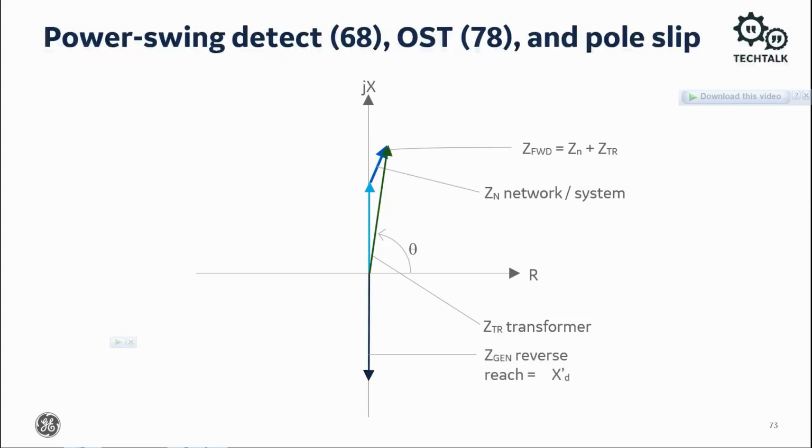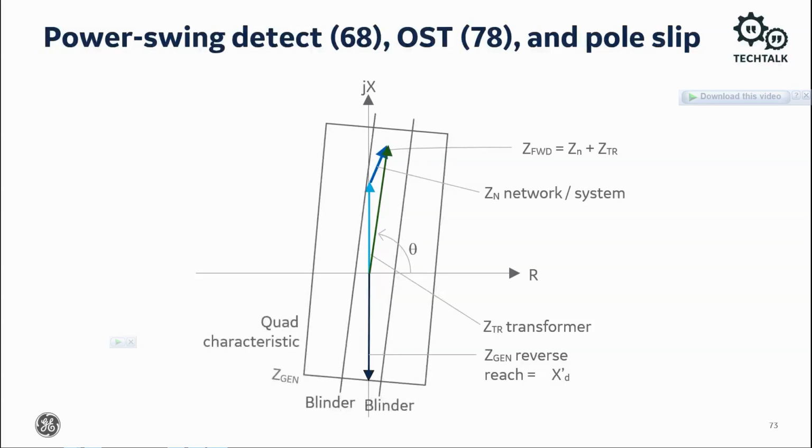Add the generator transient reactance, X prime D. We can place a quadrilateral characteristic across this impedance, plus detection blinders. Note that the quad characteristic is greater than the reactance line, ZC, which is 90% of the transformer impedance. The angle delta is the power angle of separation between the two sources. If delta is greater than 120 degrees, the system is unrecoverable.